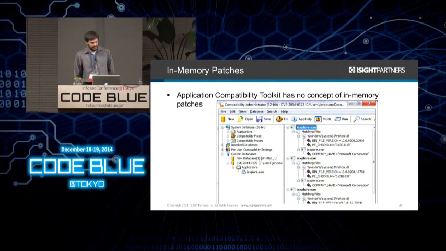So how did I figure out the information that I just showed you? It's going to look for these call instructions, and then it's going to replace them with CC bytes. I had to write my own tool to do that because none of the existing tools out there provided any information on in-memory patches.